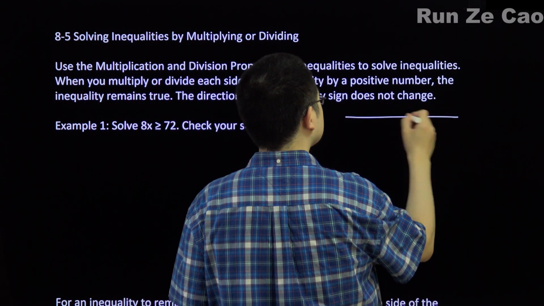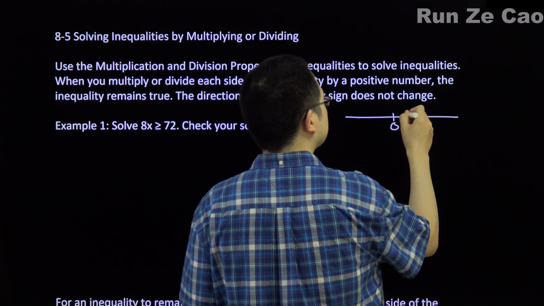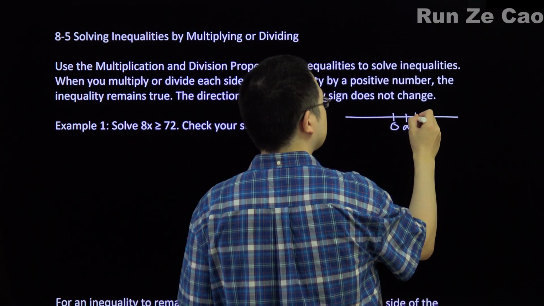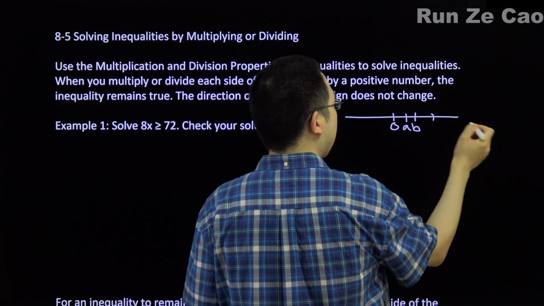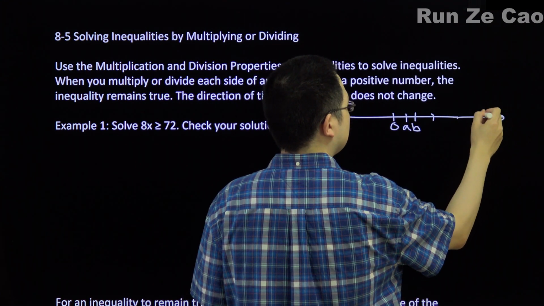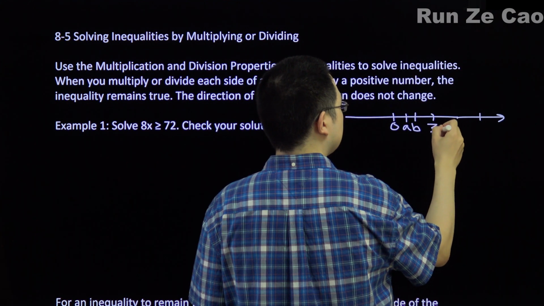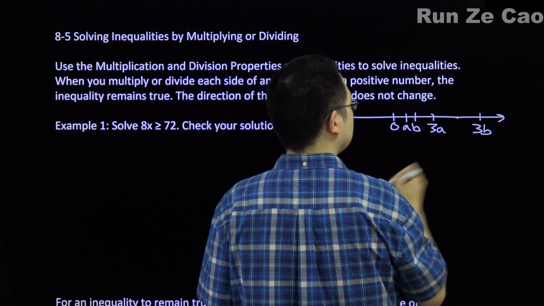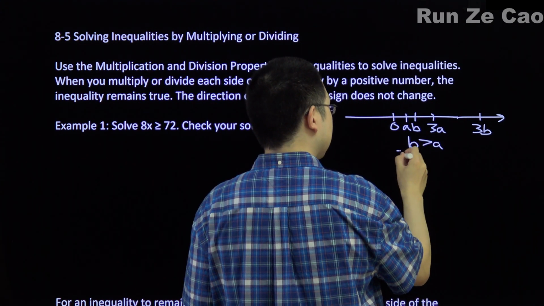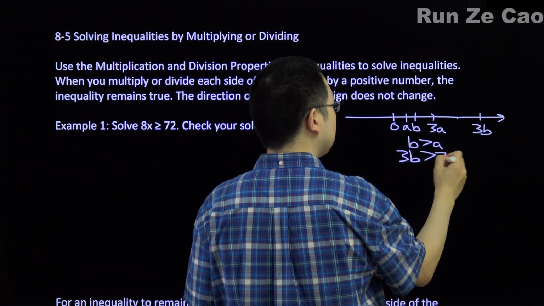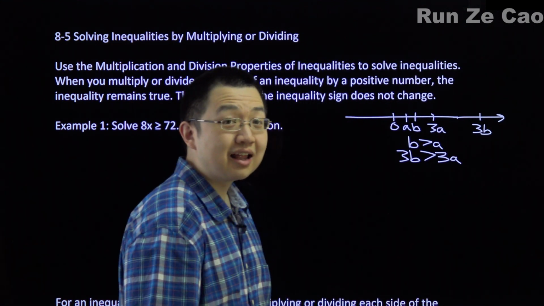Okay, so 0 is here, and you've got A and B. What happens if you have, say, 3A and 3B? Well, B is greater than A, and 3B is greater than 3A, right?